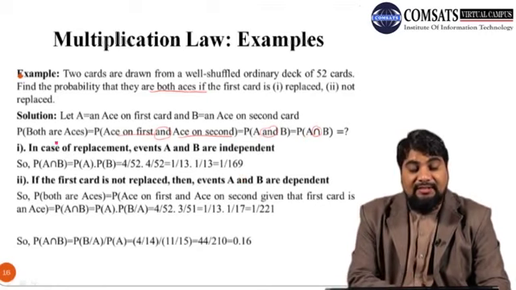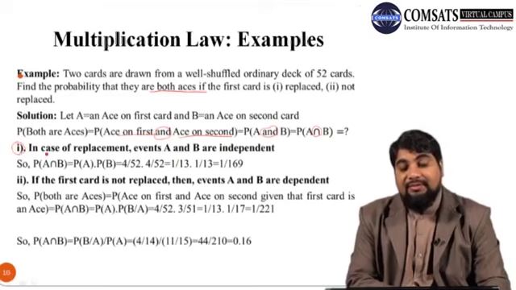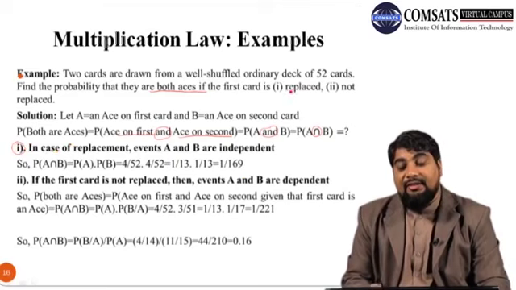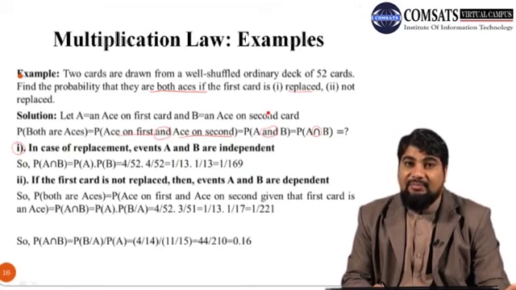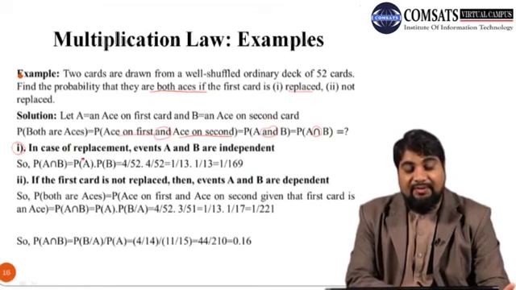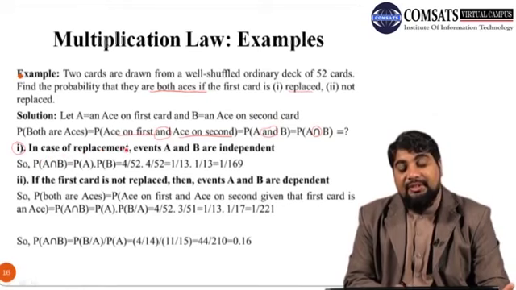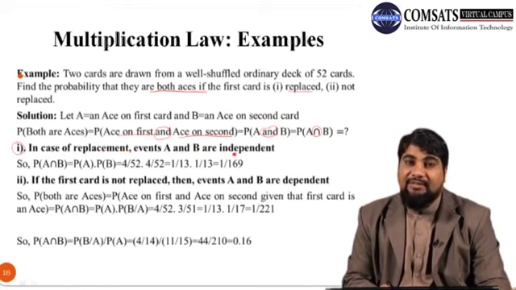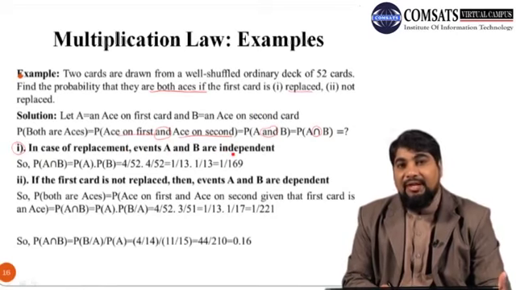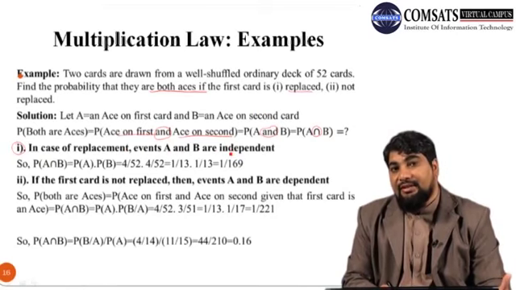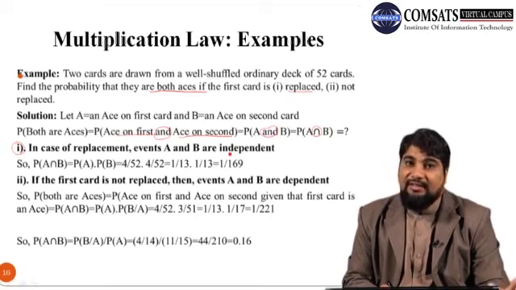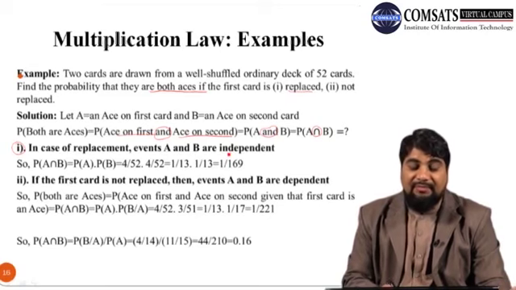So let us consider the first situation. The first situation is that before drawing the second card, the first card is replaced. In case of replacement, both events A and B are independent. The occurrence of one event will have no effect on the occurrence or non-occurrence of the other event.